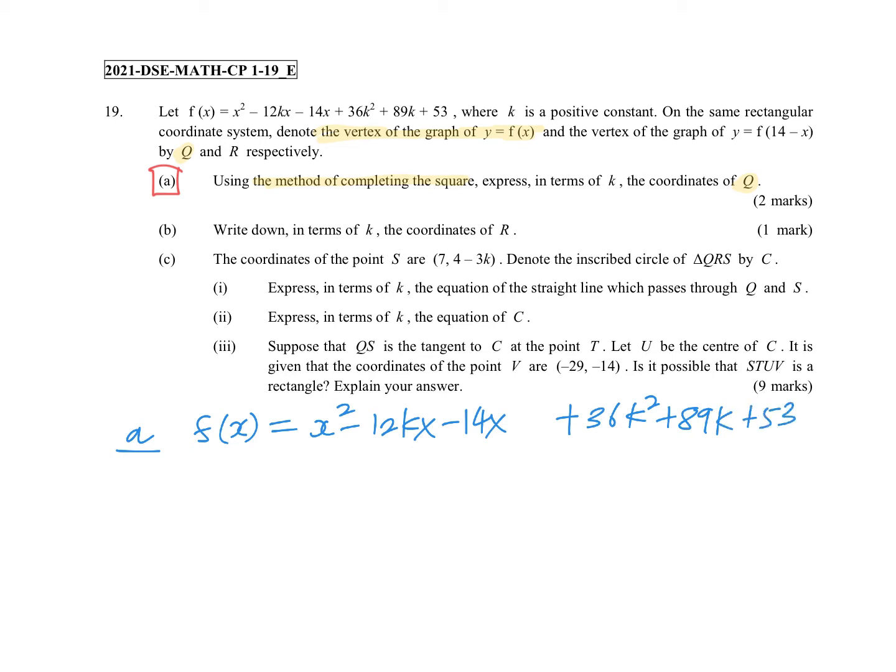Here we need to group the x term, so it becomes 12k plus 14, and then we halve the coefficient of x, which is 6k plus 7, and square it, so we add (6k plus 7) all squared and subtract (6k plus 7) all squared, and then add the original constant term.